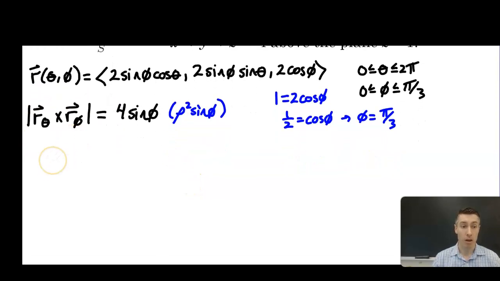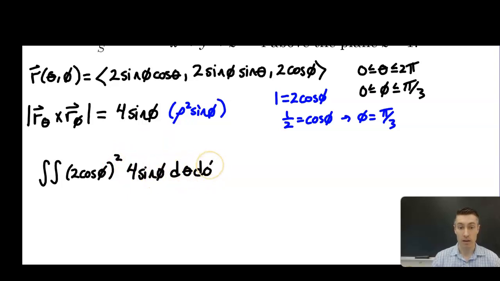Okay, so now setting up the double integral of z squared, so that's 2 cosine phi based on our parameterization, squared. And then we're replacing dS with 4 sine phi, and we can just go d theta d phi. Theta goes 0 to 2 pi, phi goes 0 to pi over 3. And again, this is the dS element.